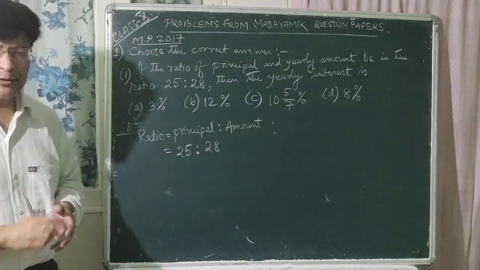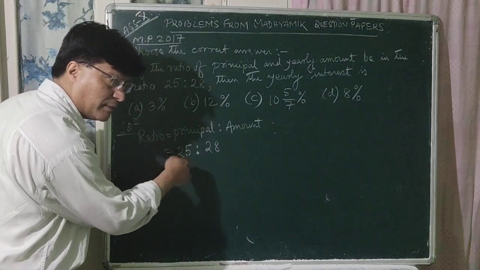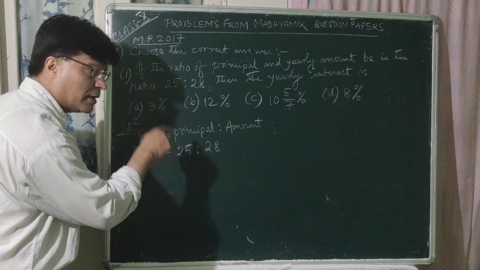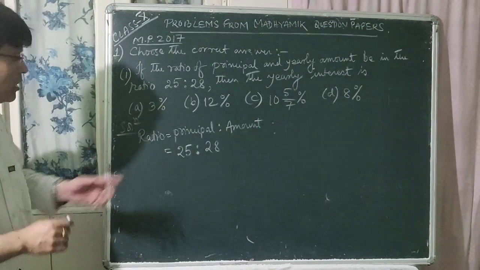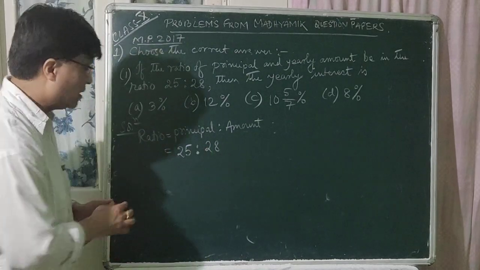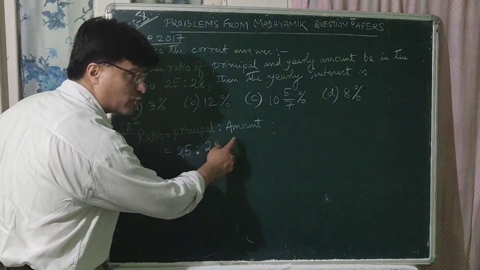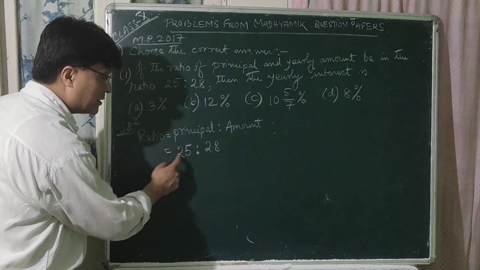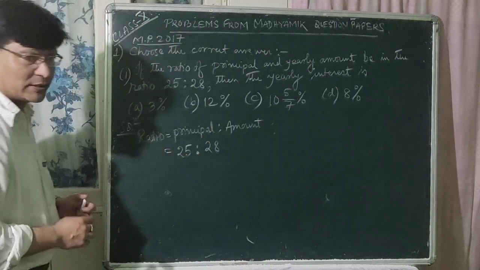The ratio means if you multiply this first number by some quantity, this second term is also multiplied by the same quantity here. If you multiply 25 by 2, you have to multiply 28 by 2. If 25 is increased twice, this 28 is also increased twice.